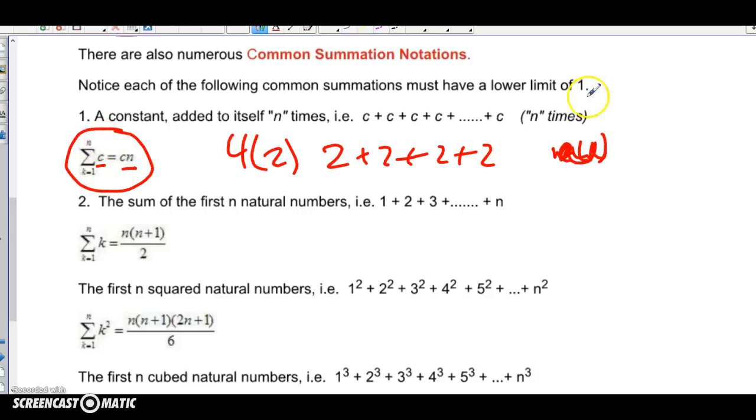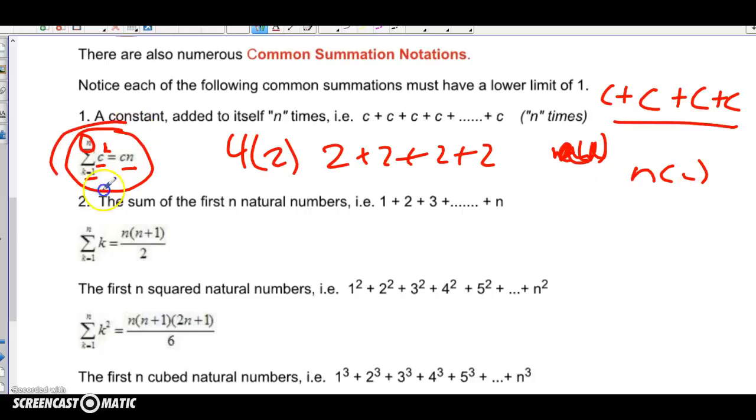I want c, plus the next term is going to be c, plus c, plus c. There's no k involved here, so that's why this looks a little weird. It's not c times k or c to the power of k or something like that. It's just plain old c, some constant. If you do that n times, you're going c plus c plus c plus c plus c, n times. So that's the same as saying give me n times c. So the really basic thing: don't get confused by this. It's a bit of a pain.